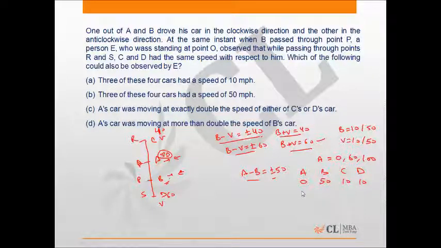If I take A as 60, speed of B has to be 10, which gives you 50, right? So when B is 10, C and D will come out to be 50 and 50. And similarly, when A is 100, B, C, D will come out to be 50, 10 and 10.